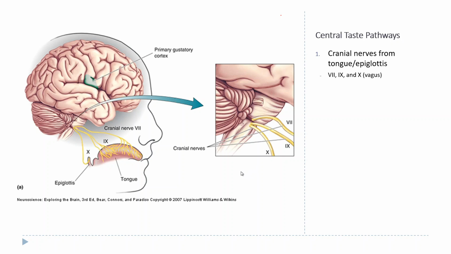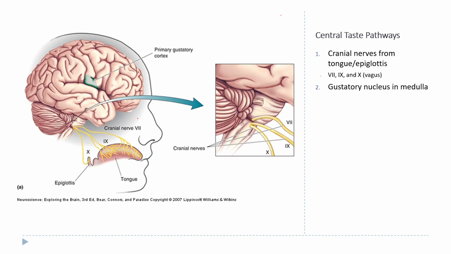In the case of the taste sensory system, all the gustatory information comes along 3 cranial nerves: cranial nerve 7, cranial nerve 9, and for the back of the tongue, or what's called the epiglottis, cranial nerve 10, which is also called the vagus nerve. Those axons then synapse onto neurons in the medulla, in a region of the medulla called the gustatory nucleus.